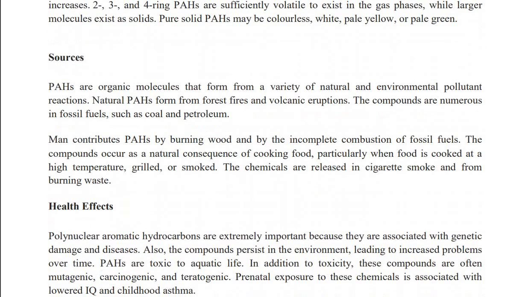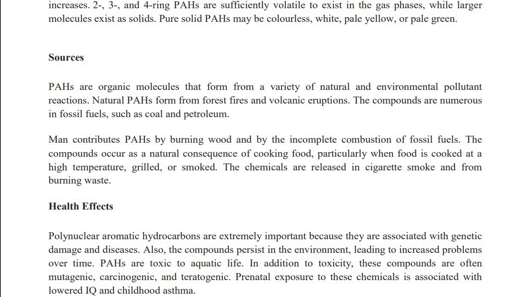My friend, what are the sources of PAHs? PAHs are organic molecules that form from a variety of natural and environmental pollutant reactions. Natural PAHs form from forest fires and volcanic eruptions. The compounds are numerous in fossil fuels such as coal and petroleum.